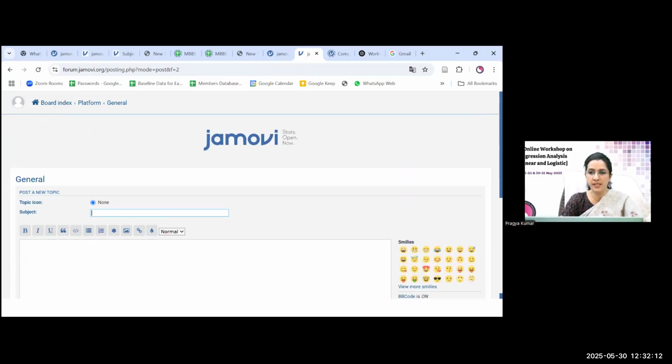If you press that, the response comes from the community. If someone has done it, they will respond. Even Jonathan, the person who started JAMOVI and made most of its coding, responds within 24 hours. If he doesn't respond, other people respond.